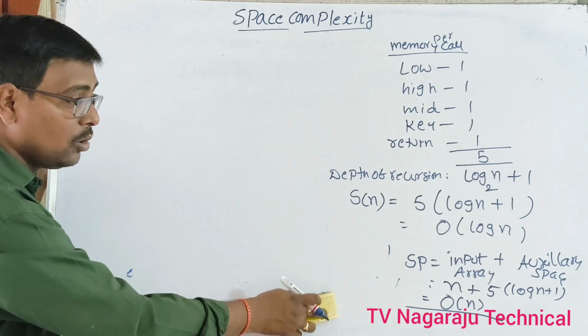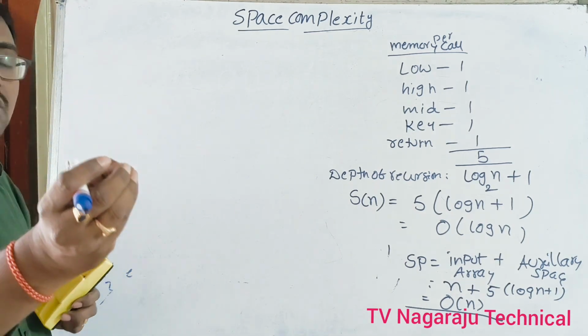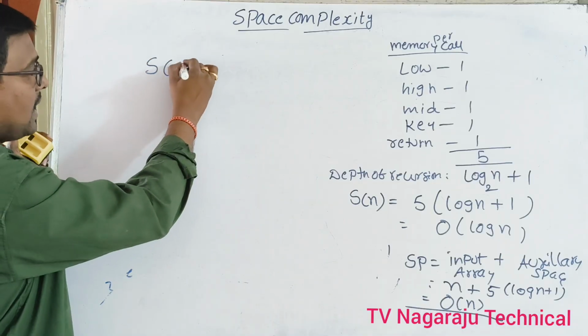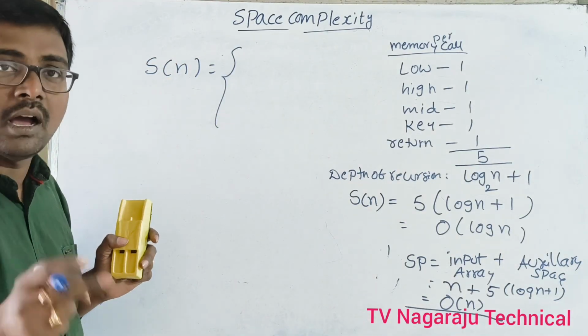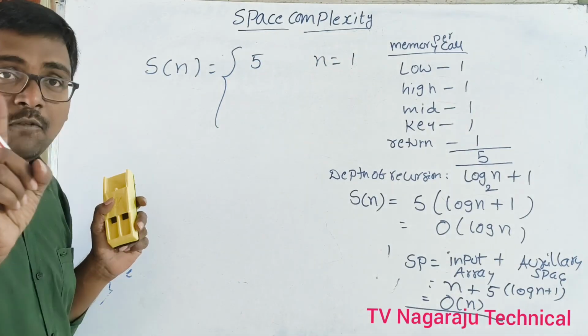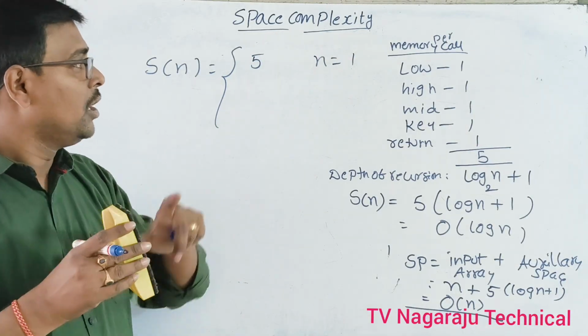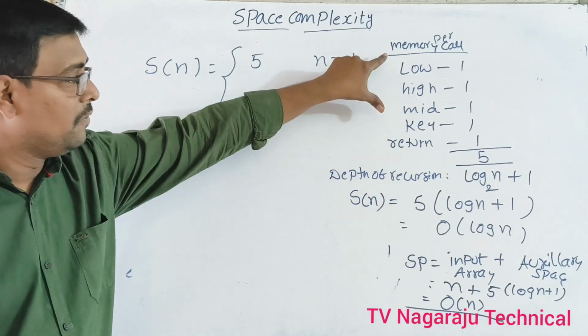And this is not the only way, you can also represent it using recurrence relations. Suppose S of n is equal to 5 if n is equal to 1. In the first recursive call also, you need low, high, mid, key, return address. Everything is needed.